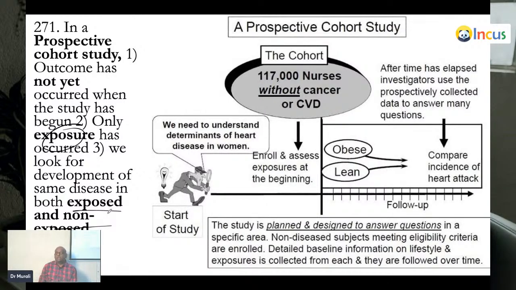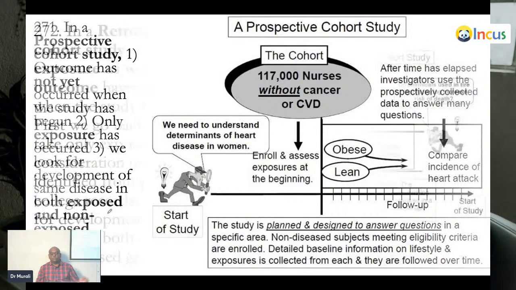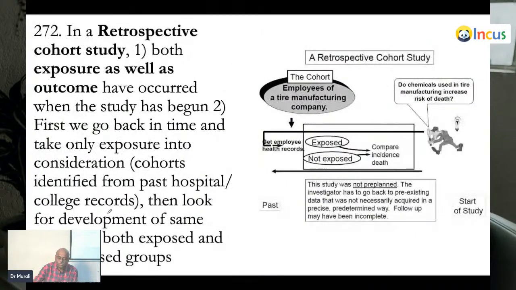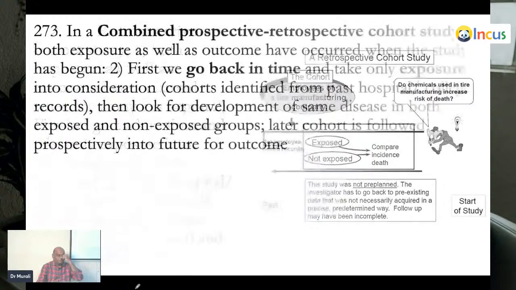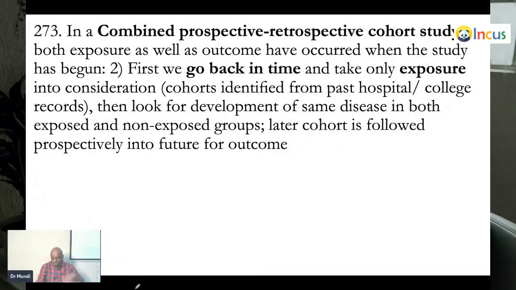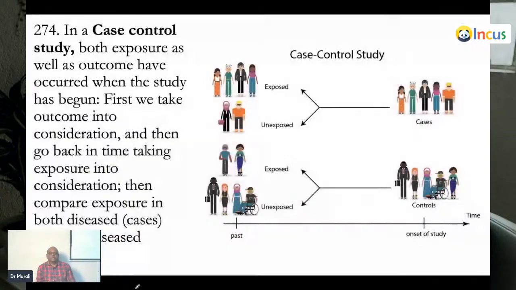That is called prospective cohort study. Retrospective, both exposure as well as outcome have occurred. We go back in time to know how many are exposed and not exposed. So that is what we do in retrospective cohort. You can do combined. That is also possible.